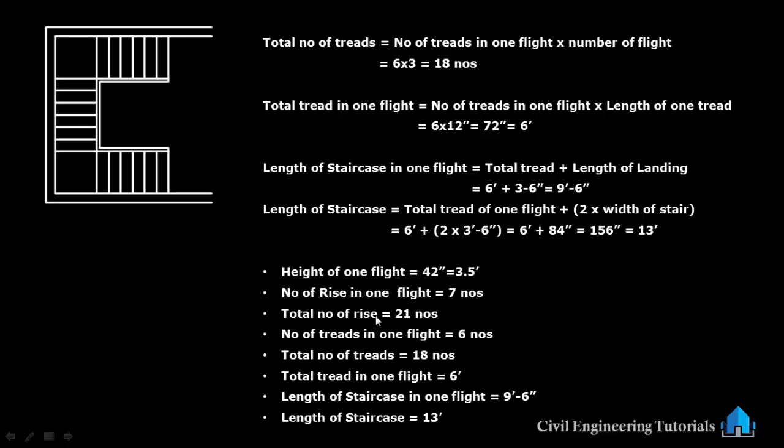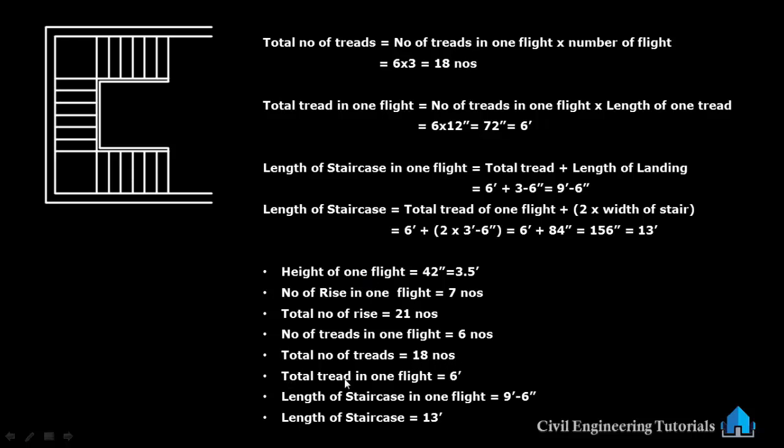Total number of rise in 3 flights: 7 into 3, 21 numbers. The number of treads in one flight is 6 numbers, here 1, 2, 3, 4, 5, 6. That is number of rise minus 1, 7 minus 1, 6 numbers. For 3 flights, 6 into 3, 18 numbers.